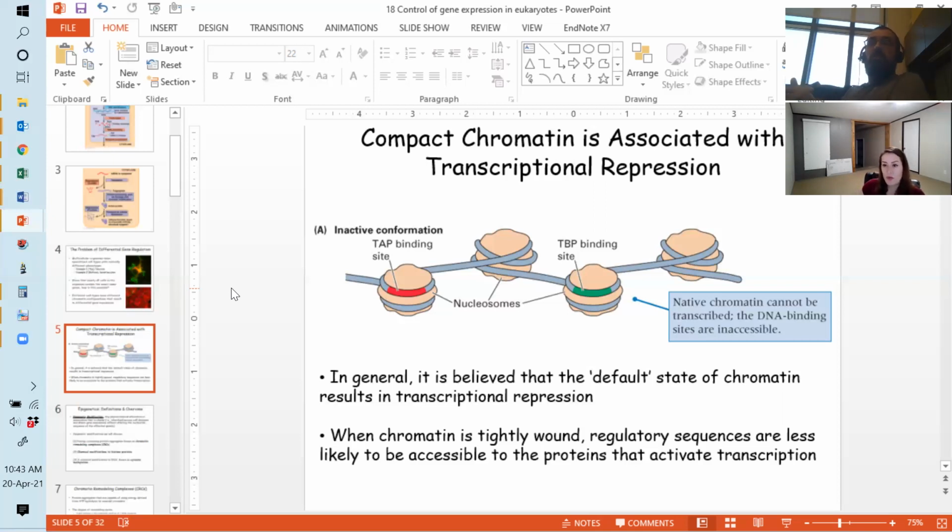But typically we think of chromatin as being in the heterochromatin state, right? Transcriptionally repressed, tightly wound, DNA that is inaccessible for transcription. And so there are lots of ways in which we can do that. And there's not really time to get started on it.